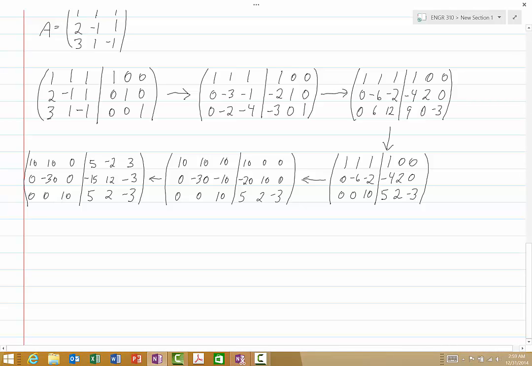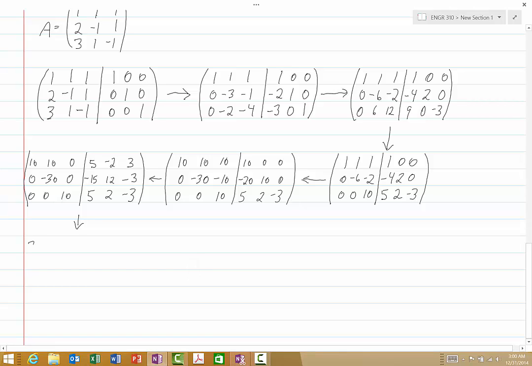And now you can see that on the left-hand side, or to the left of the vertical bar, we're getting very close now. We only have one more term here that needs to be eliminated. And so I guess I might as well go ahead one more time to avoid fractions. I will multiply the top row by 3.